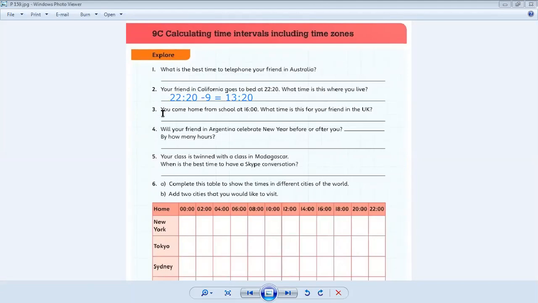And this another question. You come home from school at 16:00. What is the time for your friend in the UK? What is the time in the UK at the same moment? Between the UK and Libya, what is the difference between these countries?